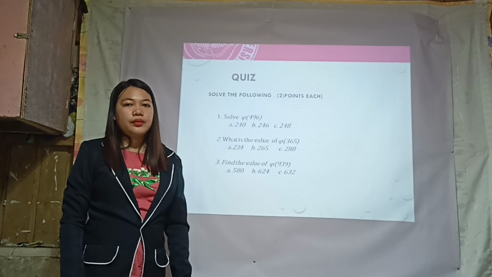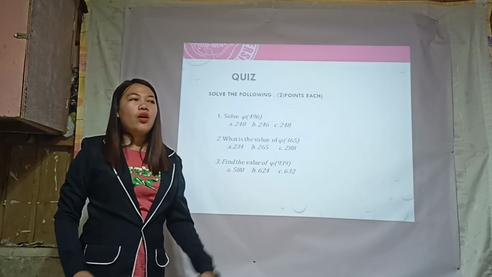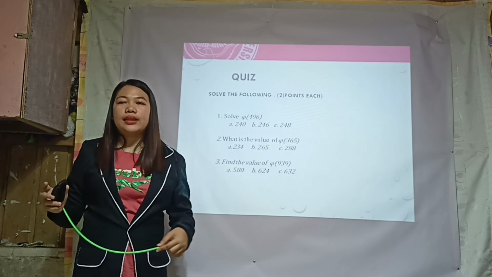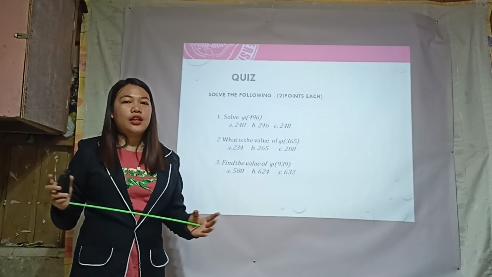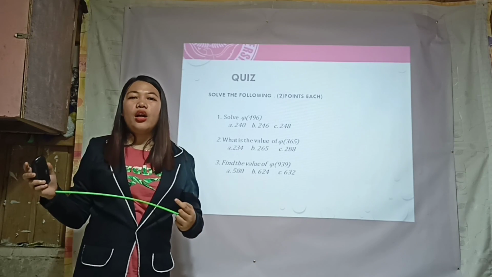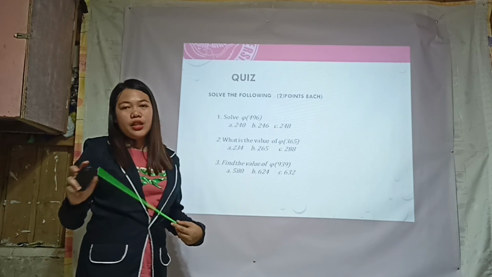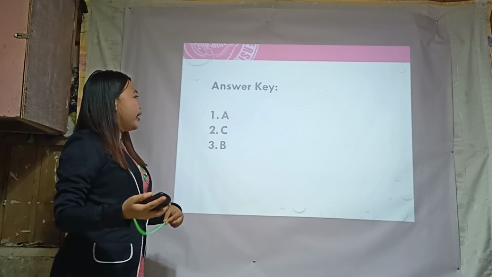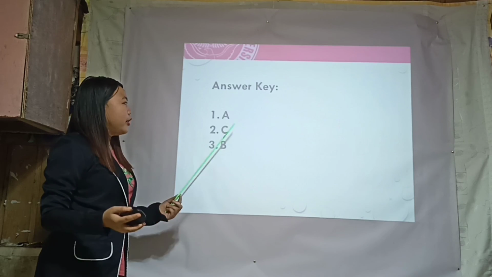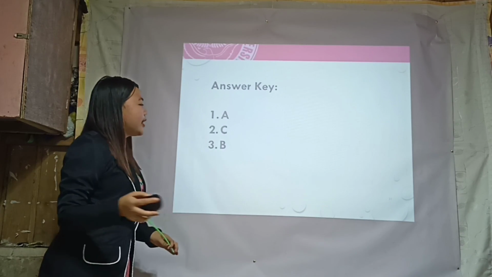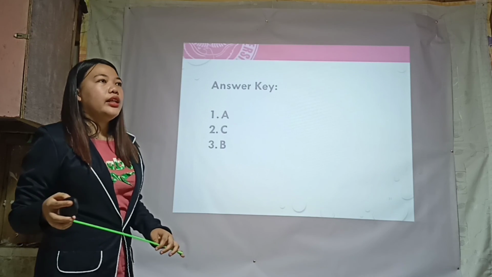Okay, time is up. Exchange your paper clockwise. 1, 2, 3, 4, 5. So, check. The answer number 1 is A. The answer number 2 is letter C. The answer of number 3 is letter B.